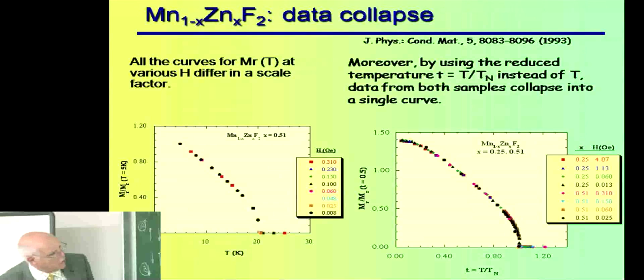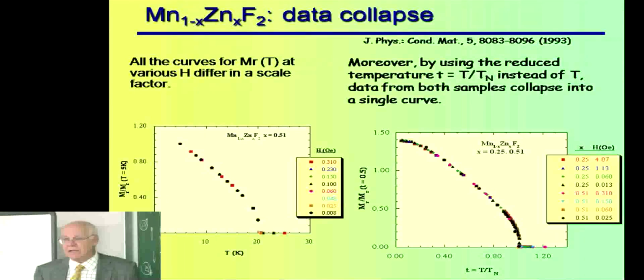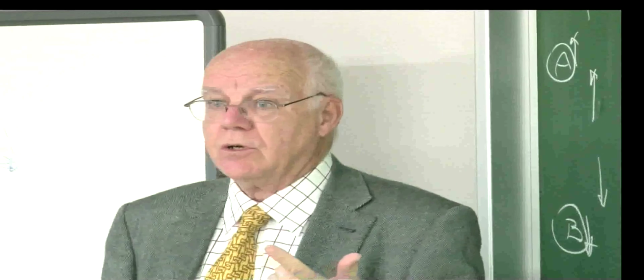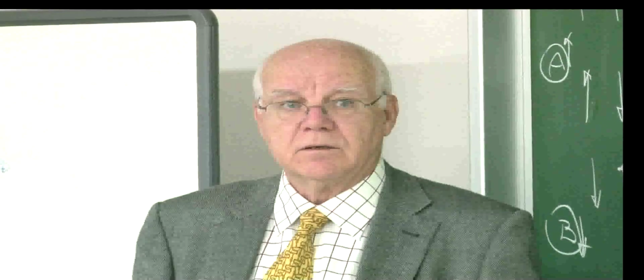So when we normalize, this was 51% and was the same for 25%. Now, when we normalize the temperature, we get this. All the data sets for the manganese fluoride, wherever the dilution is, collapse into a single curve. That indicates that the amount of substitution only introduces a scale factor to the phenomenon.